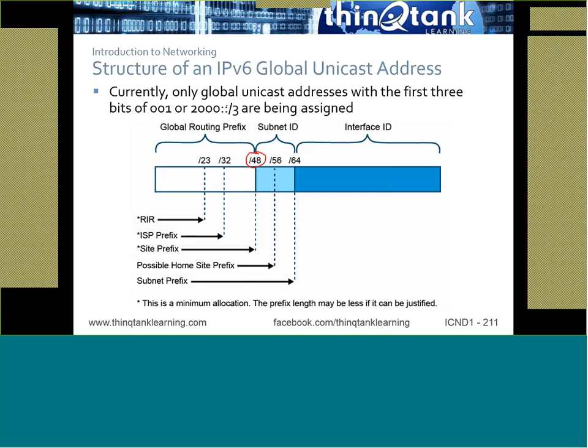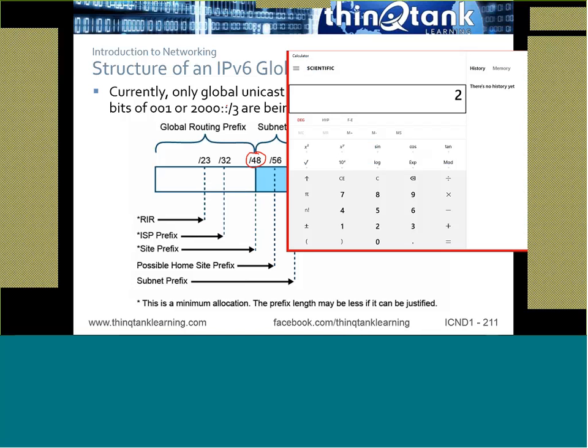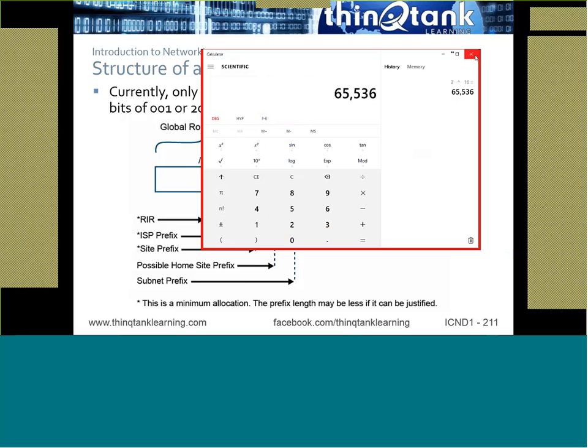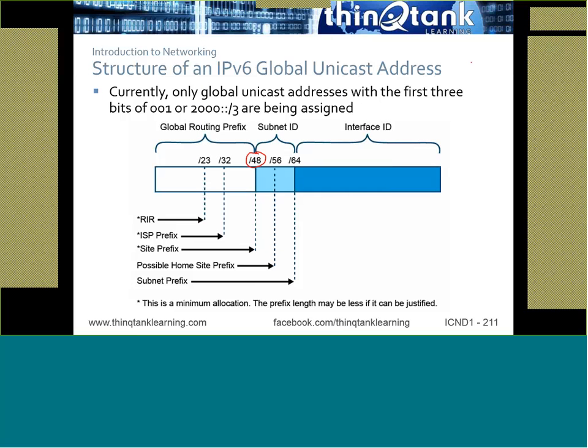Because with one /48 prefix, how many networks can you create? If you go to a /64, 2 to the power of 16. So with one /48 prefix, you can create 65,536 subnets in your own organization.